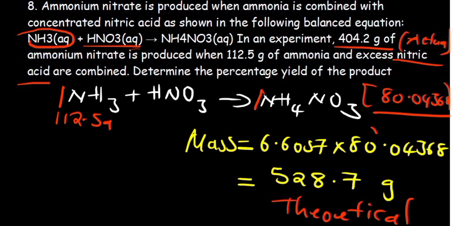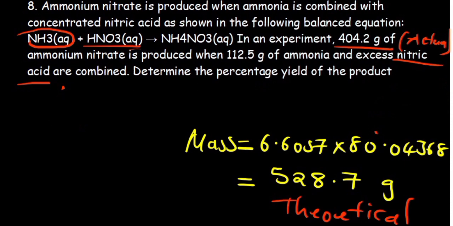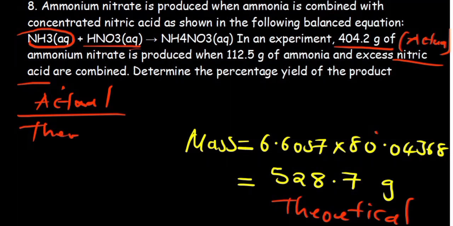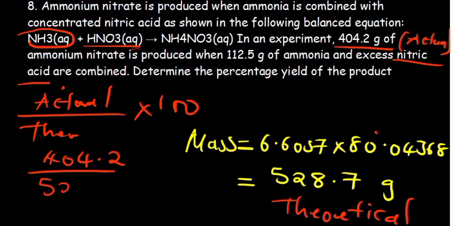So now the percentage yield, you compare the actual yield with the theoretical yields multiplied by 100. The actual in the question was given to be 404.2. Theoretically, we've calculated we expect 528.7 to be produced.